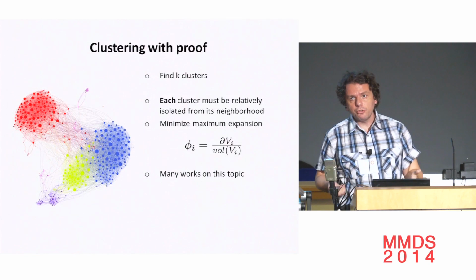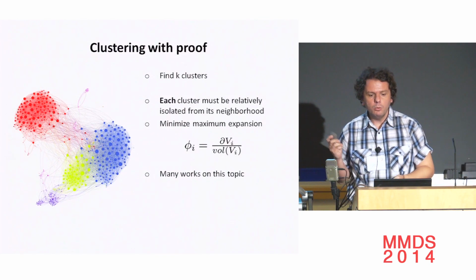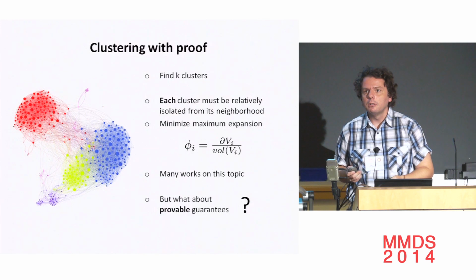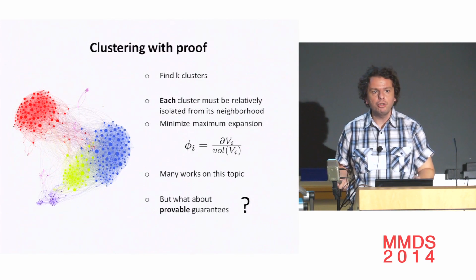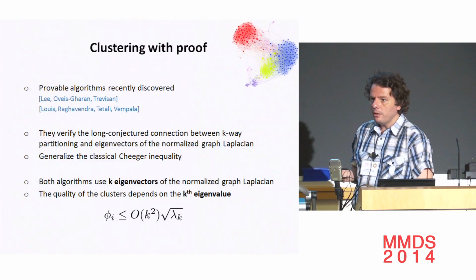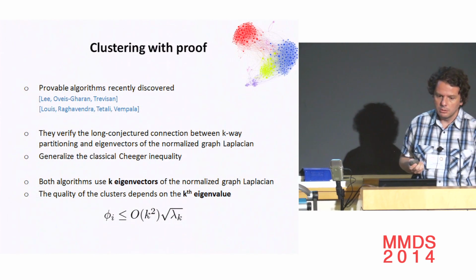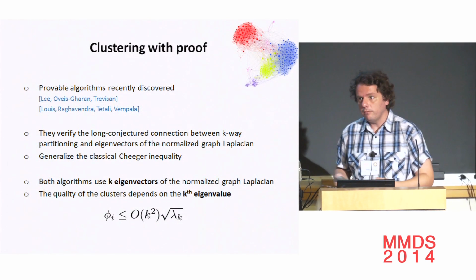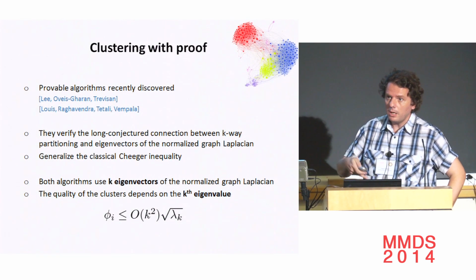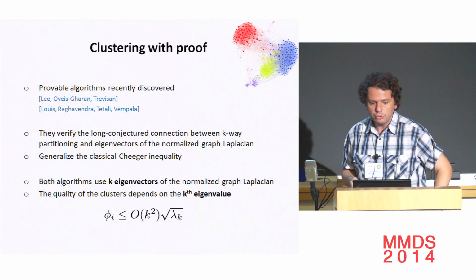There are many works on this topic in data mining, perhaps hundreds of papers. But what can we say about proving things, actually producing clusters that have provable properties? That was a very big open question that was answered recently in two very elegant and nice works. They are also based on computing approximate eigenvectors.